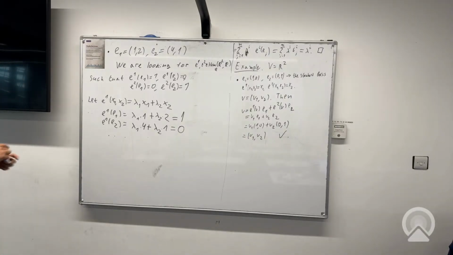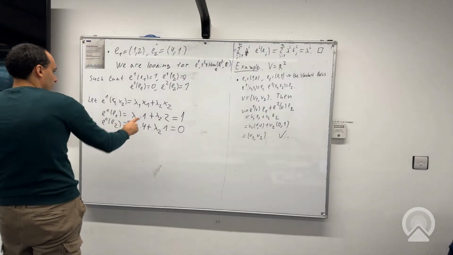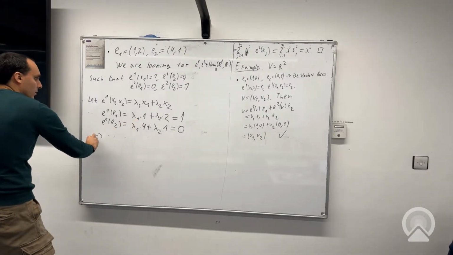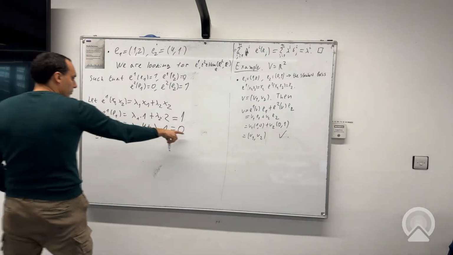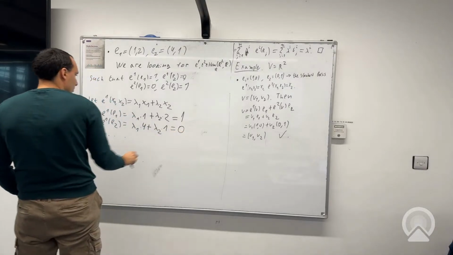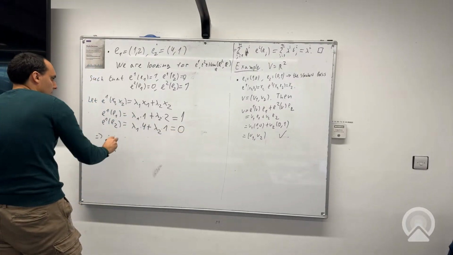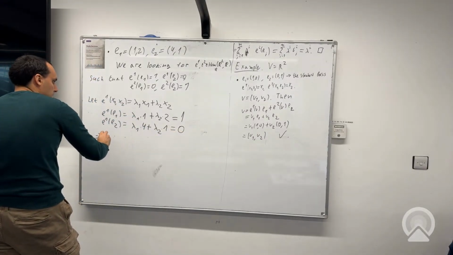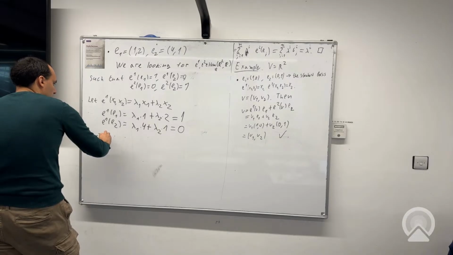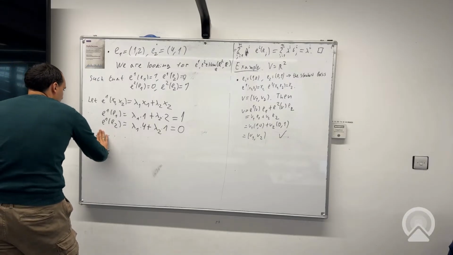Let's solve it. So we multiply this by 2 and subtract.